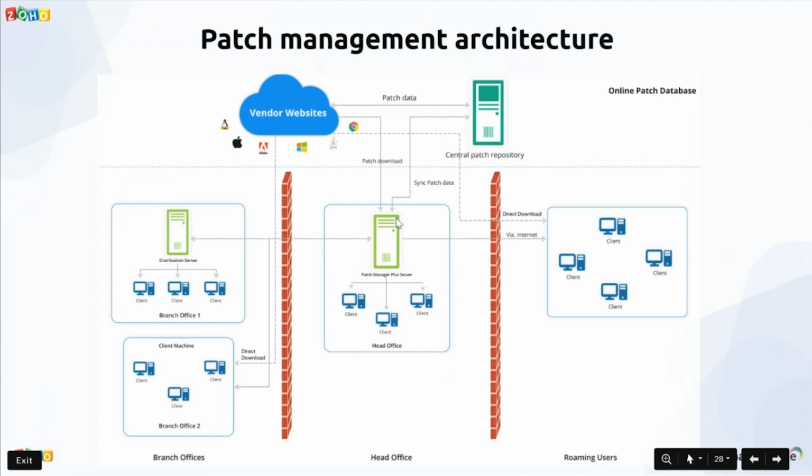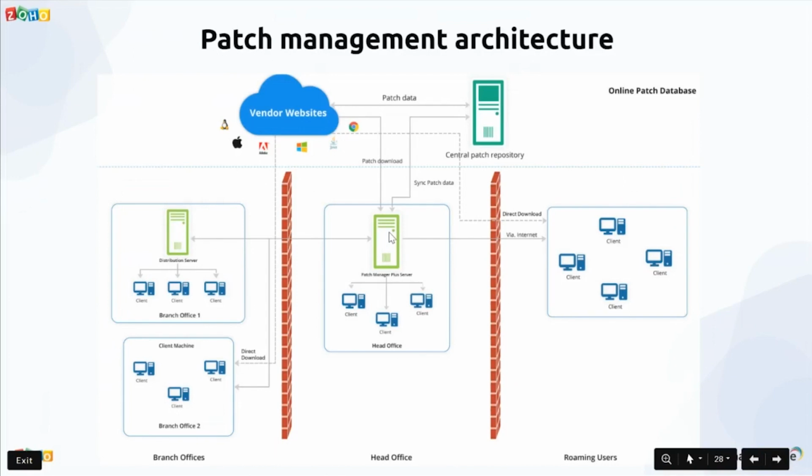Once this sync is done, the client machines are scanned for the missing patches. After identifying the missing patches, the Desktop Central server directly downloads the missing patches from the vendor website. When it comes to branch offices or remote offices, the distribution server reaches out to the primary Desktop Central server for the patch data and tasks.